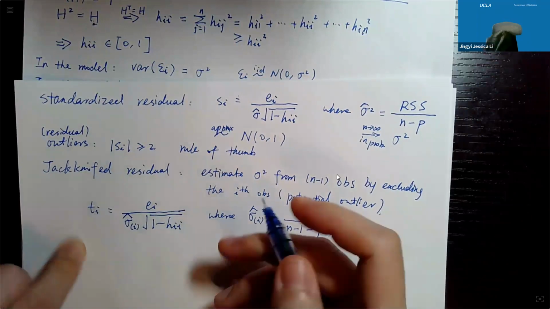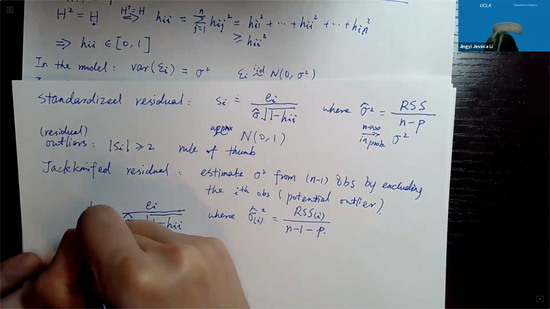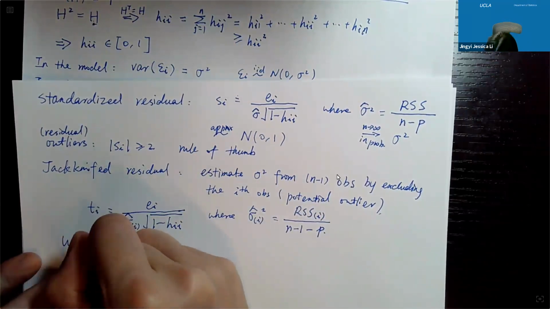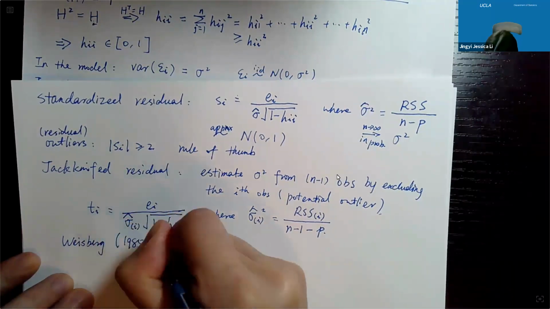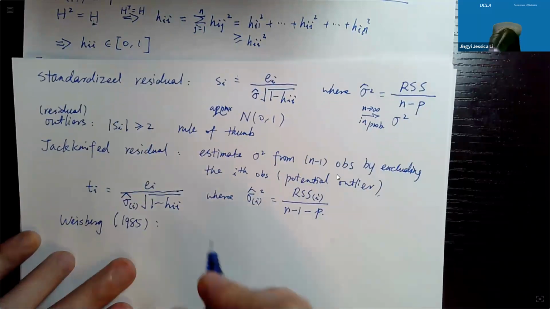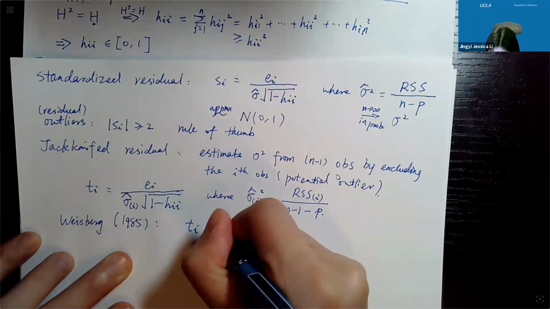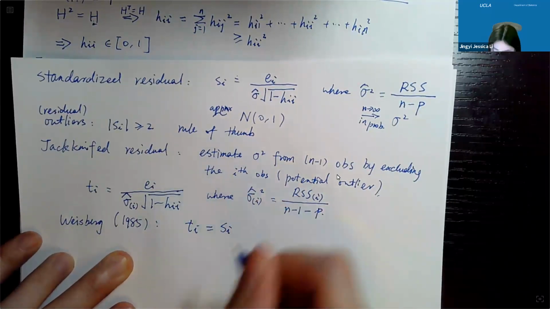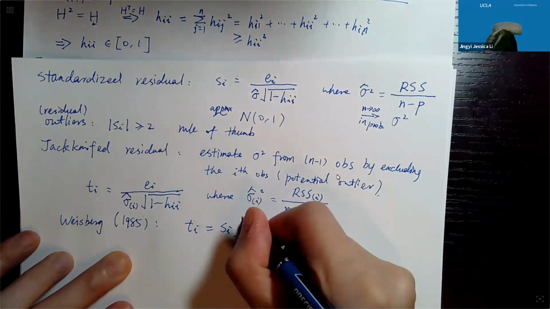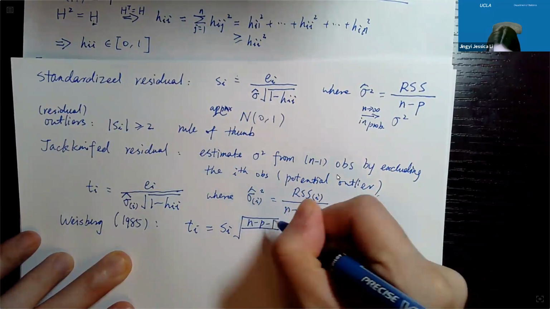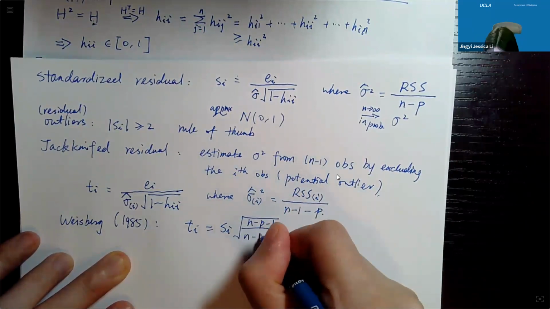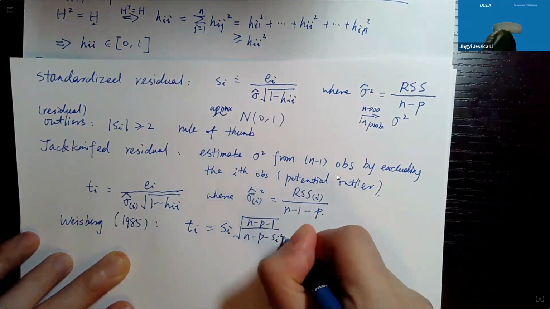This is a very clear advantage of Jackknife in the old time, when there was no computer. So let me write this down first. In this relationship, you just need to scale the standardized residual to obtain the Jackknife residual. Scale, and also s_i is involved here.